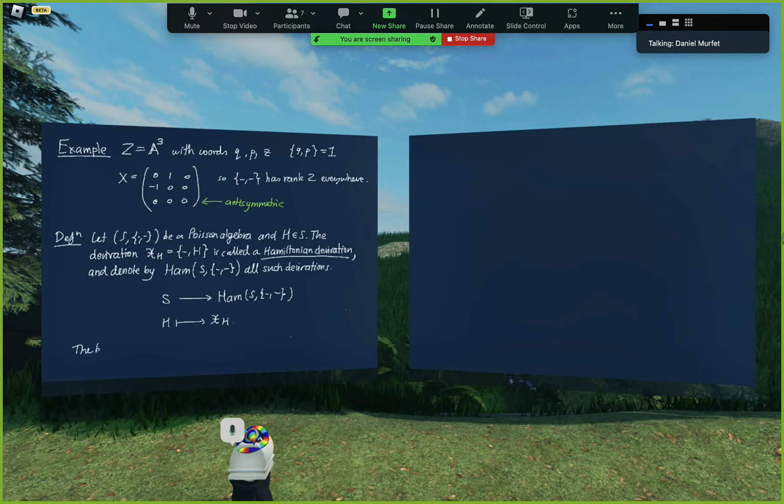The kernel, i.e. all those functions H such that the Poisson structure pairing with H is identically 0, are called Casimirs. I don't actually know the history of this term. Presumably, I first learned this term in connection with Lie algebras and universal enveloping algebras, but I very much assume that this is the original Casimir.